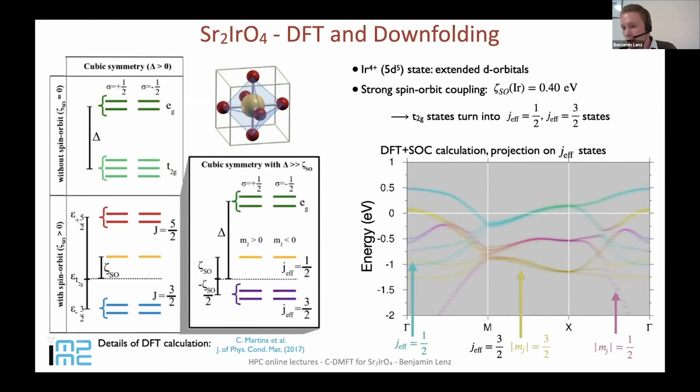So you can see that you have mainly one band which is important for the low energy physics, namely the blue one, the J-effective 1/2 band, which should be nominally, at least nominally, half filled. So this is nice, but once again, DFT would tell us that this system is metallic. So once again, we're missing important information, which, as I mentioned earlier, is the Coulomb correlations.